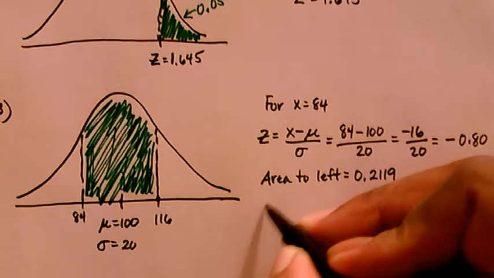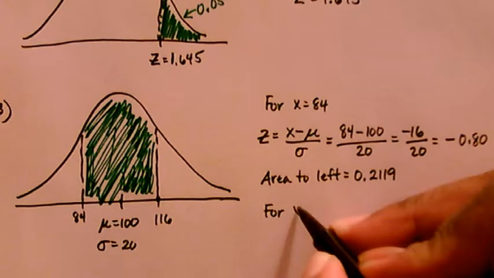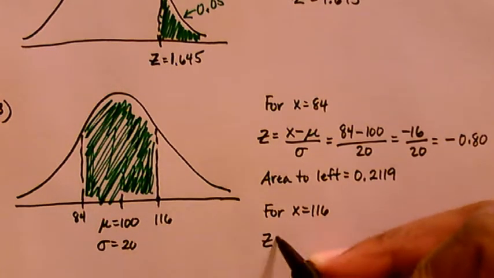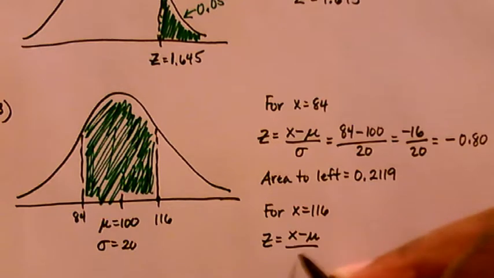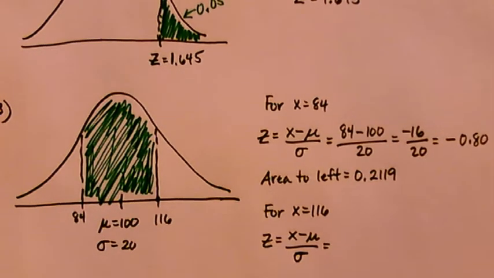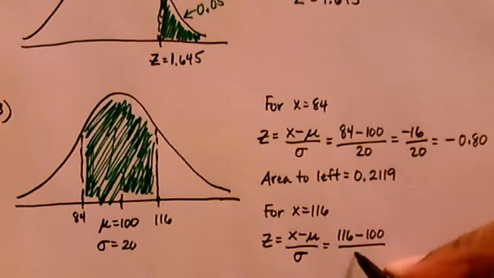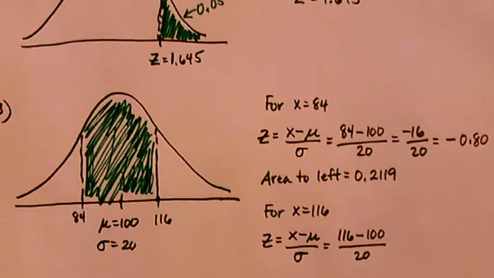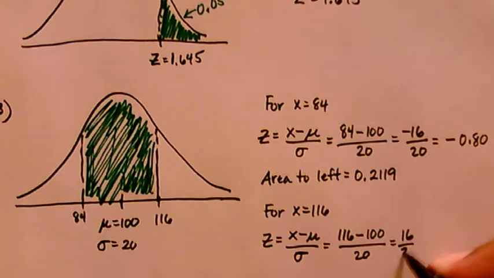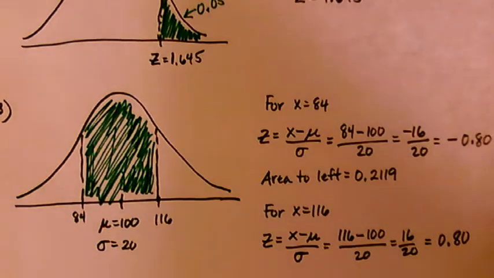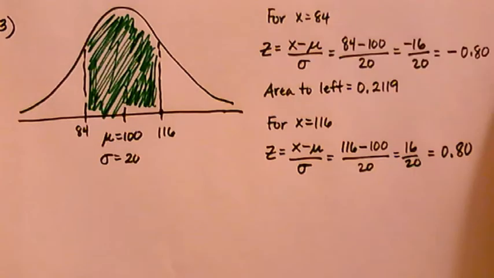And then we convert a z-score for x equal 116 using that same formula. Z is equal to x minus mu divided by sigma. In this case, your x is 116 minus mu, which is 100, divided by 20. 116 minus 100 is 16 divided by 20, and that's going to give us 0.80. Then we need the area to the left of 0.80.